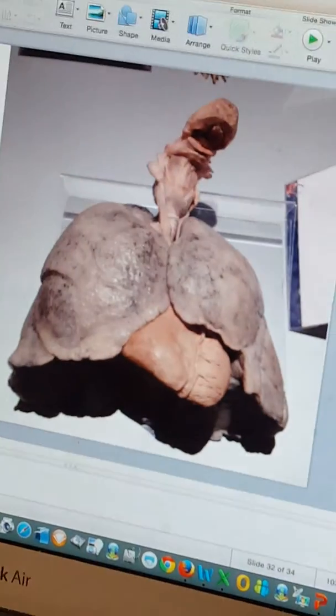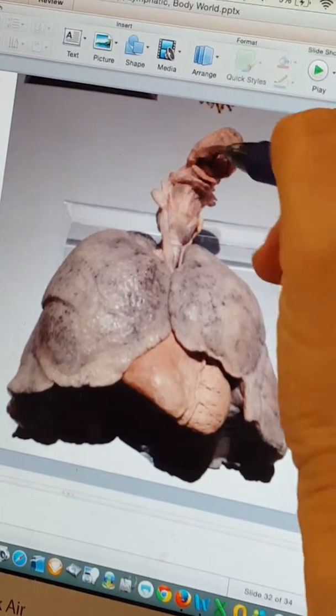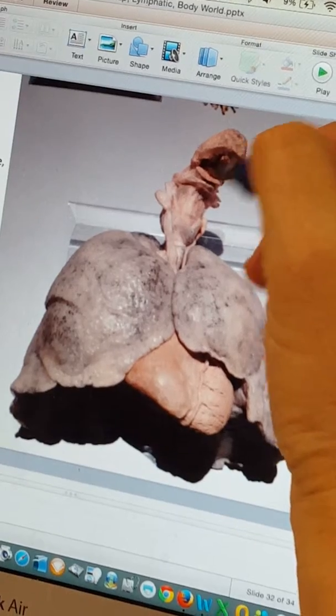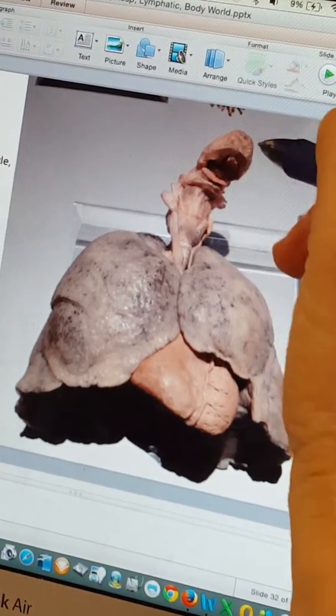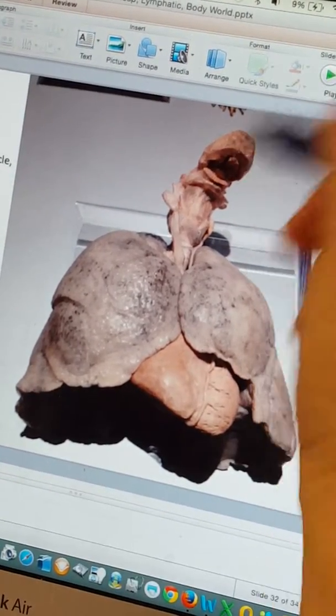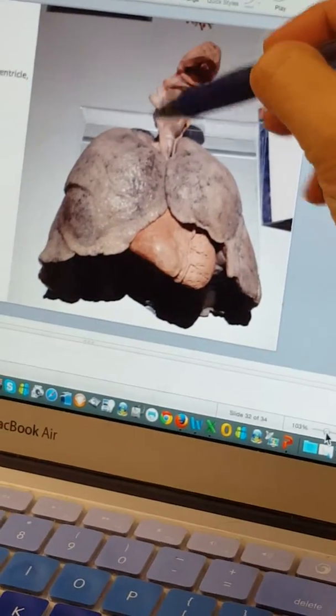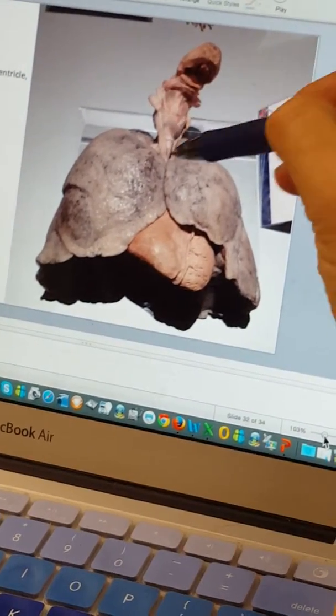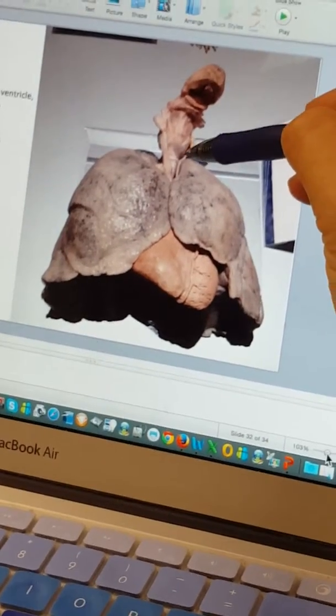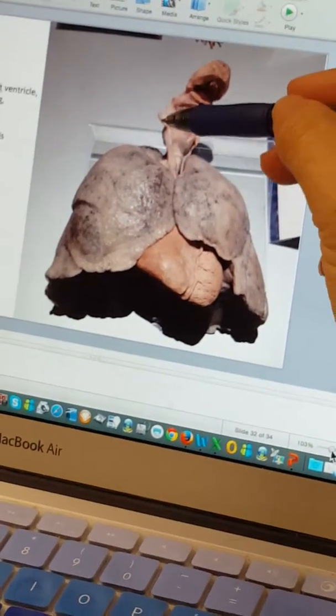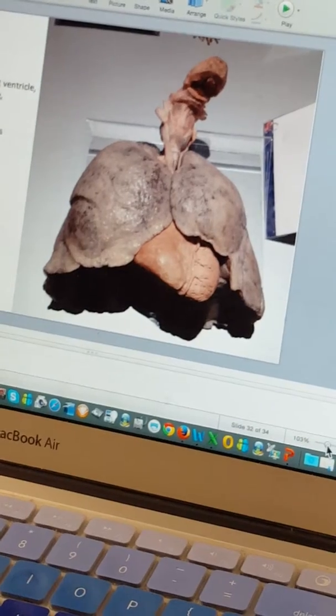And then I believe, I have to double check, that's the epiglottis. Don't worry about the epiglottis, I'll point to it elsewhere. But this right here is the right carotid, and over here you can see part of the left carotid. And this is where the carotid bodies are found.